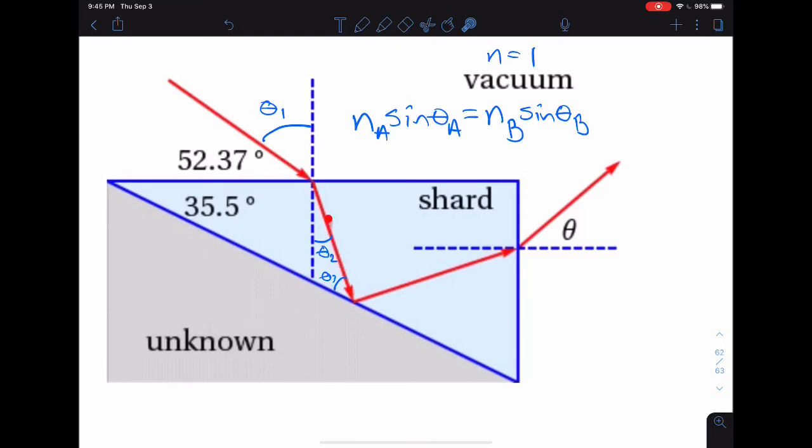And remember that the sum of the angles in a triangle is 180 degrees. So you'll know theta 2. So you just need to figure out this angle right here. Let me make that a little clearer. The angle I'm talking about, you need to find this angle here.